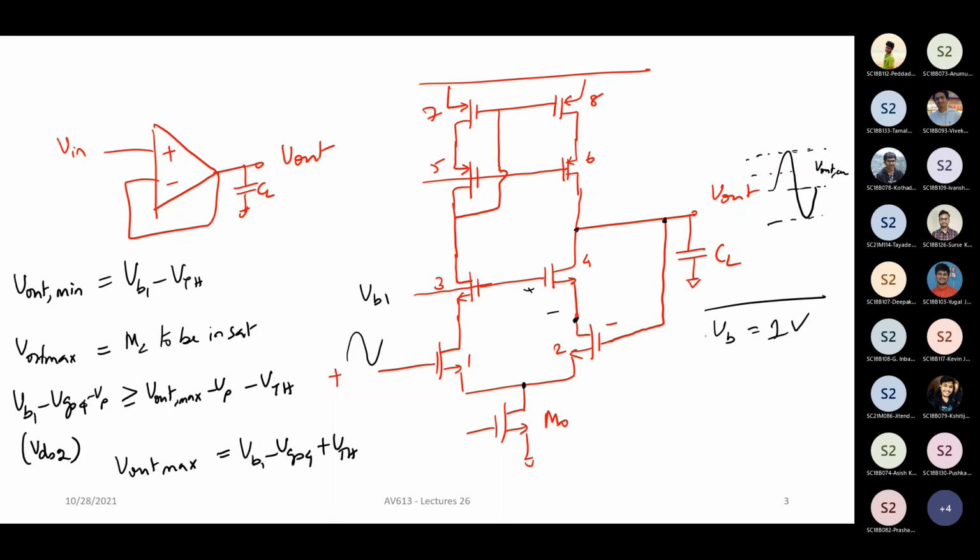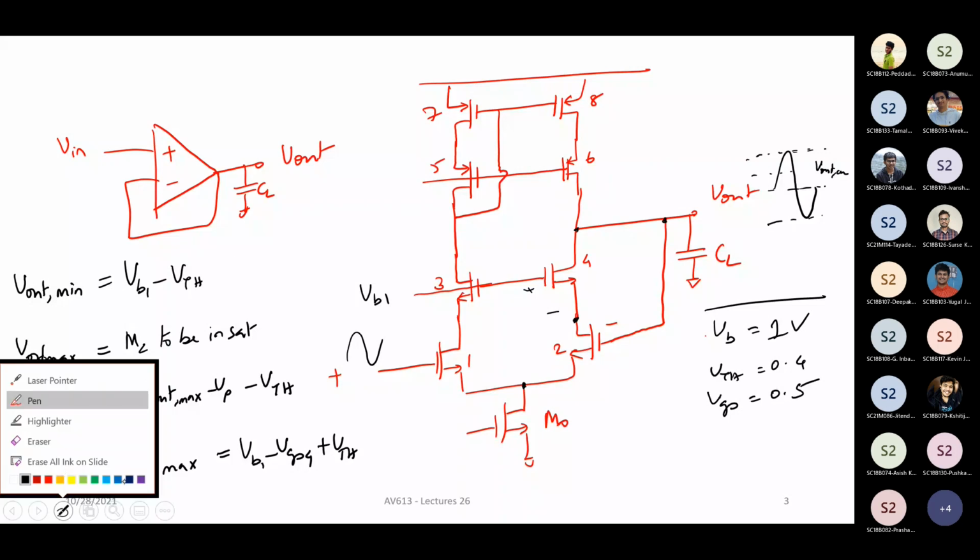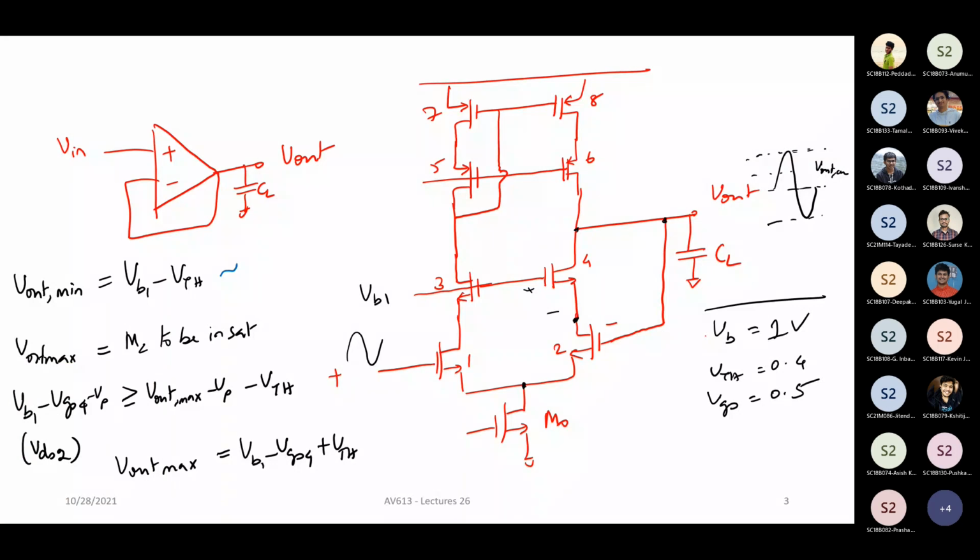So if you take VB to be 1 volt, threshold voltage to be 0.4 volt, right? Let's say the VGS is 0.45 volt or 0.5 volt or something like that. Okay, let us say it is 0.5, right? At least 100 millivolt overdrive. Now what will you get? This will typically be something like VB1 is 1 minus 0.4, 0.6 volt.